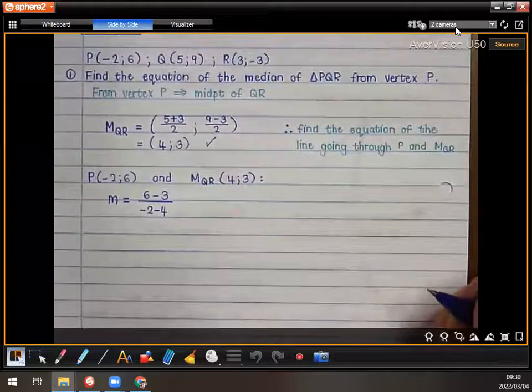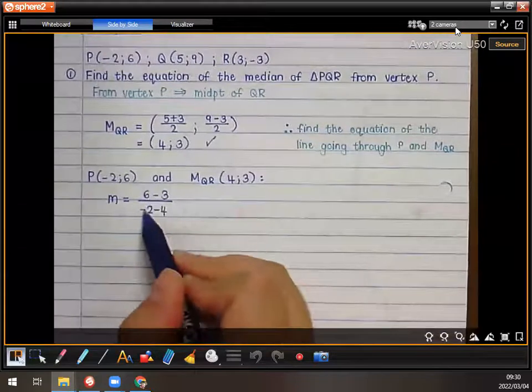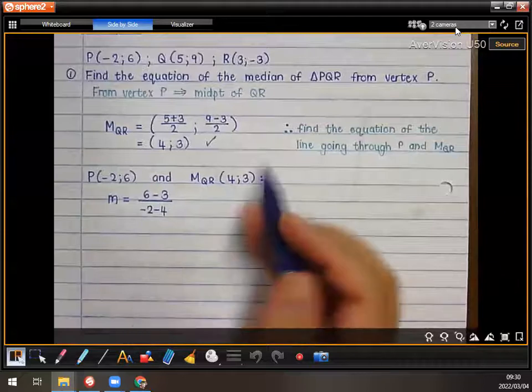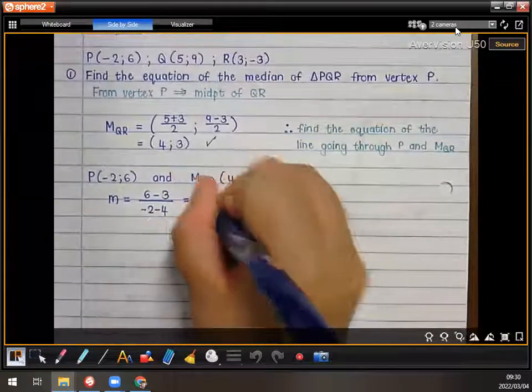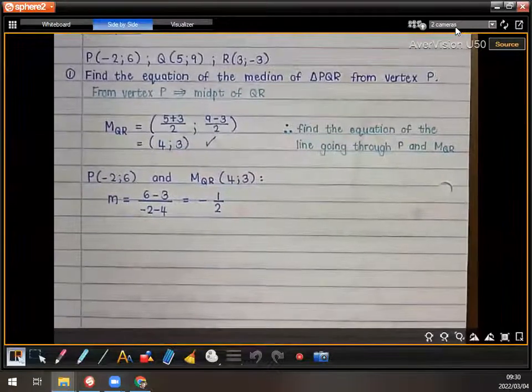Again, you can type that into the calculator if you want, it's no problem. 6 minus 3 is 3, and at the bottom I'm going to have -6. Okay, so this is 3 over -6. So this gradient is actually -1/2, but like I said, you can type that into the calculator, you'll get the answer straight away.